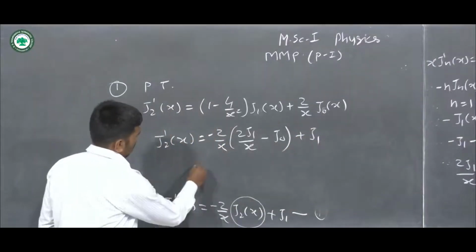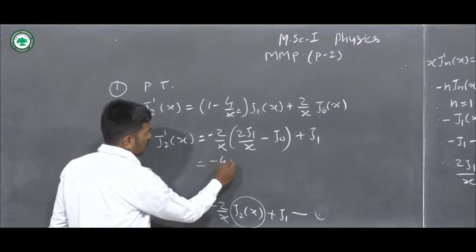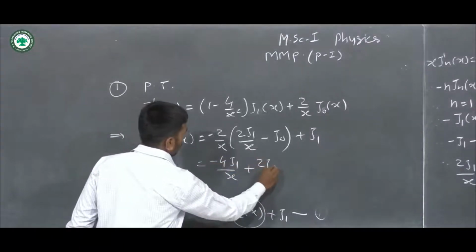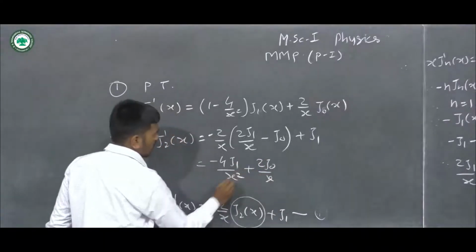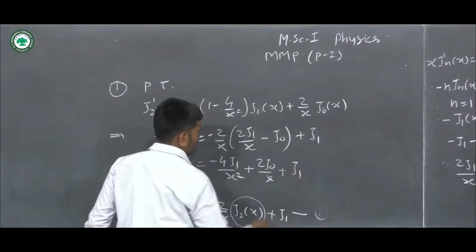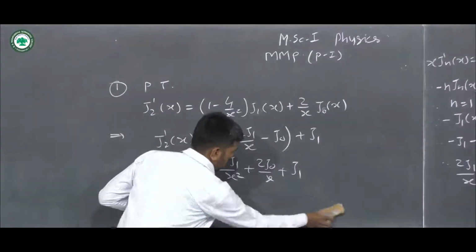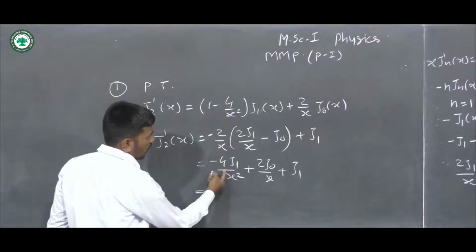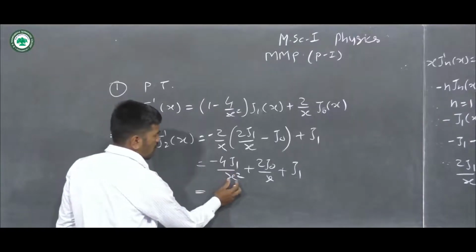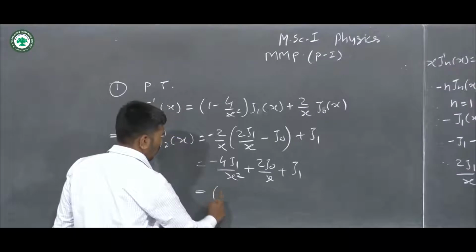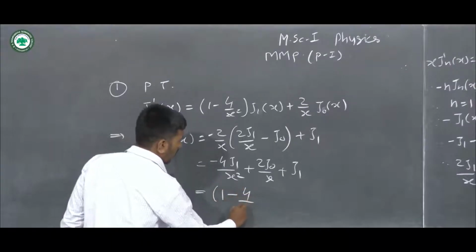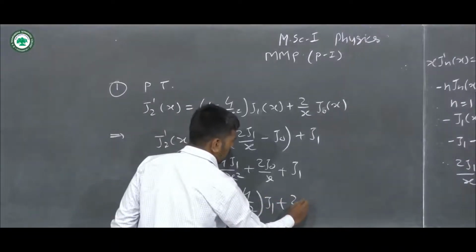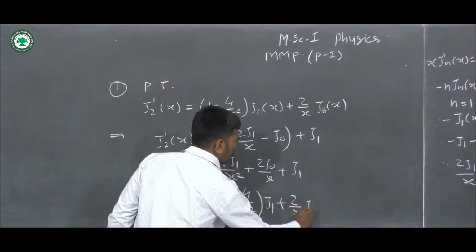Okay, so it is minus 4J1 by x square, sorry, here is x square, plus 2J naught by x, and plus J1. And if I take out the common J1 from the first and the third term, it is (1 minus 4 by x square) into J1 plus 2 by x into J naught.